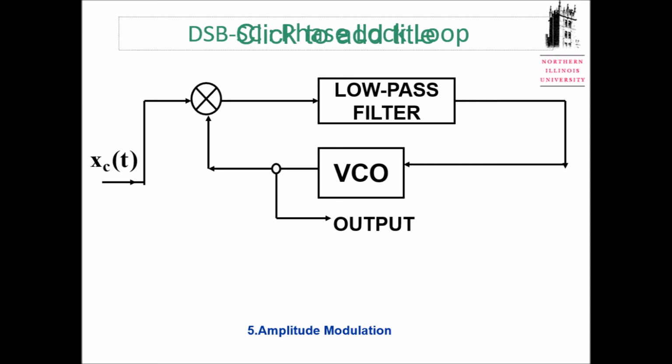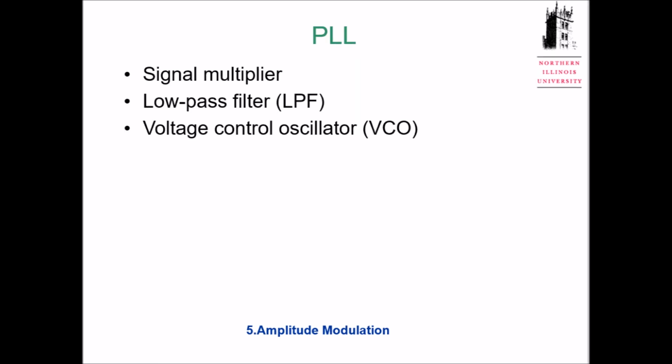So any problem, any questions? I believe there will be a lab, right? Okay, I think so. So in phase lock loop we have a signal multiplier, low pass filter, and a voltage control oscillator.